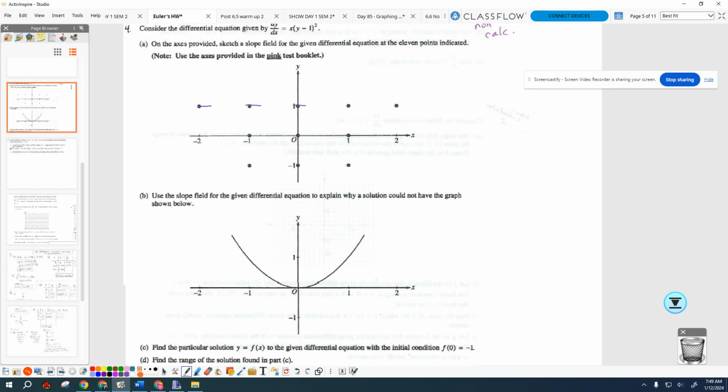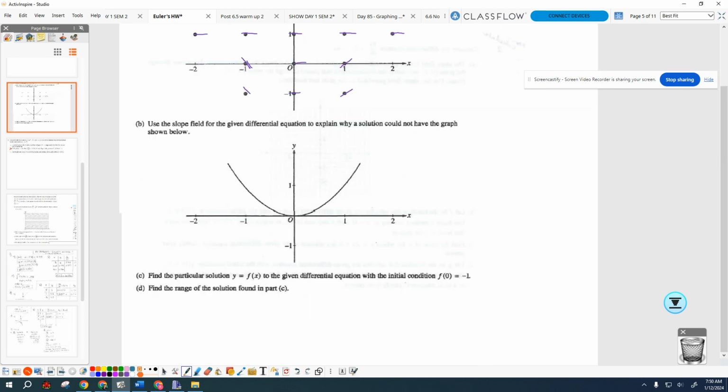The particular solution as an... So the slope field looks kind of like that? All right. Question? I had a question about... Yeah, that's what Sophie's asking as well. All right. So quickly, part B. Explain why the solution couldn't be this.